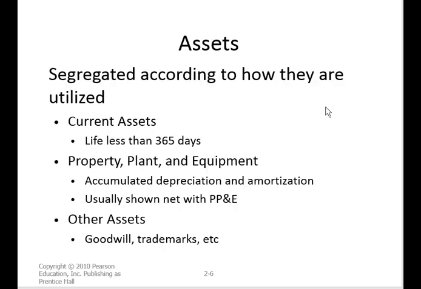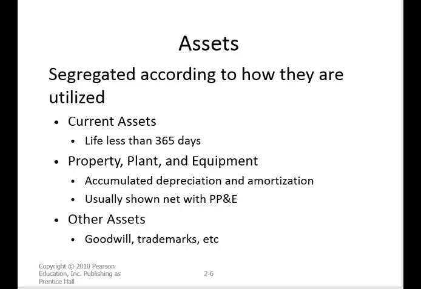So let's think about, in general, assets, right? There's current assets. They have a lifespan of less than 365 days. We have plant and equipment. Part of this plant and equipment is depreciation. Typically, you'll see this listed as net plant, property, and equipment.